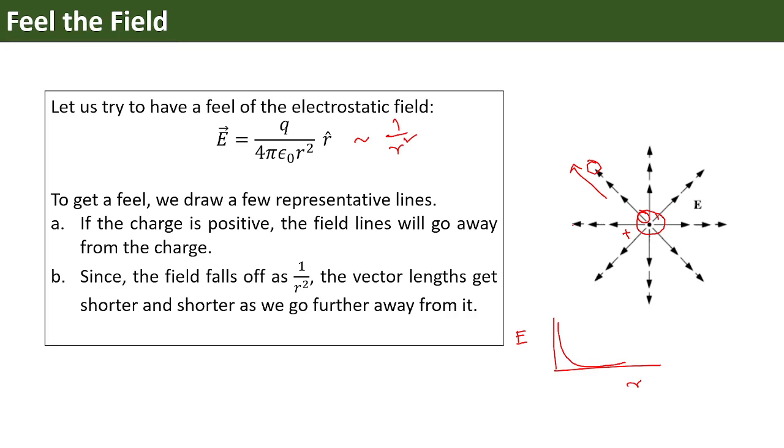Because, as we know from the very basic concept of vectors, a vector's length gives a sense of the magnitude of the vector. If I draw two vectors, vector A has more strength as compared to vector B. So wherever the electric field is falling short of its strength, we have decreased the length of the vector.